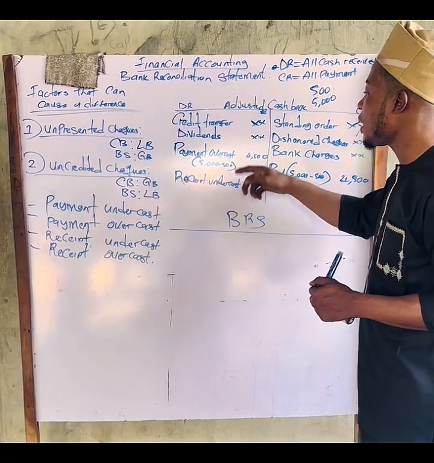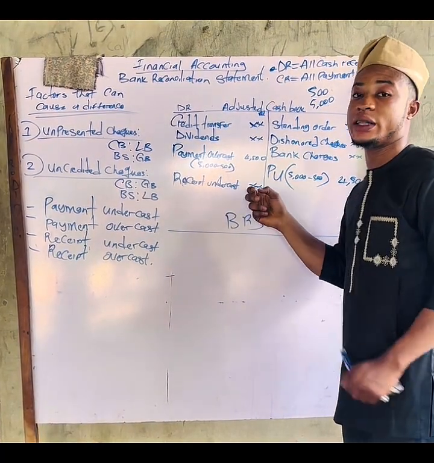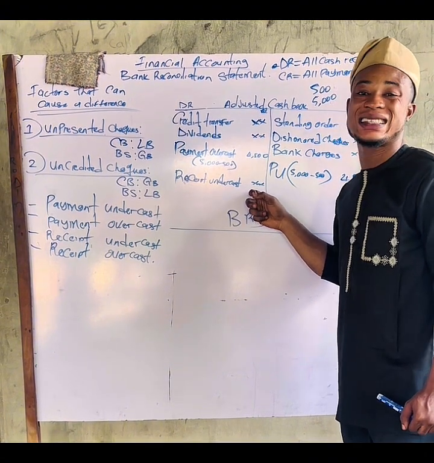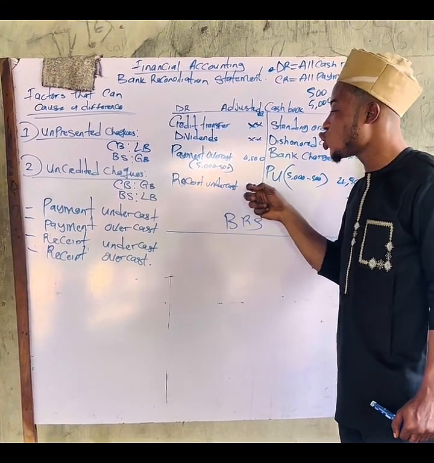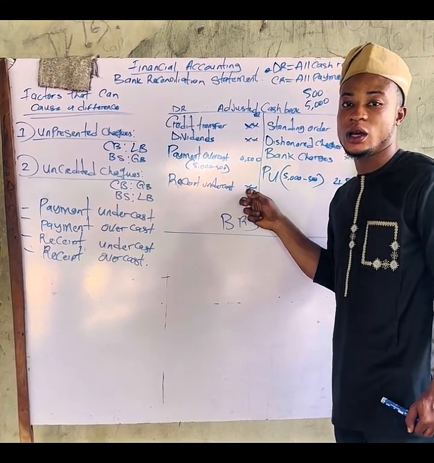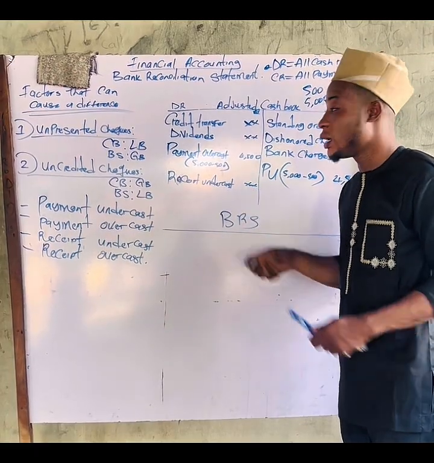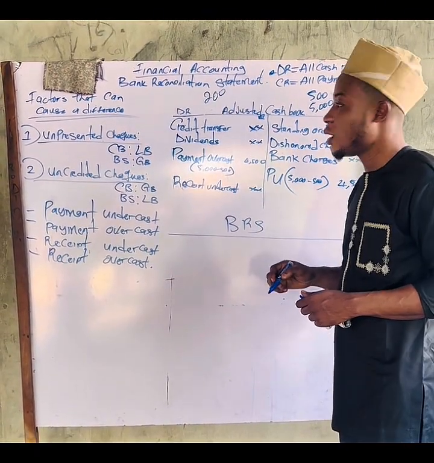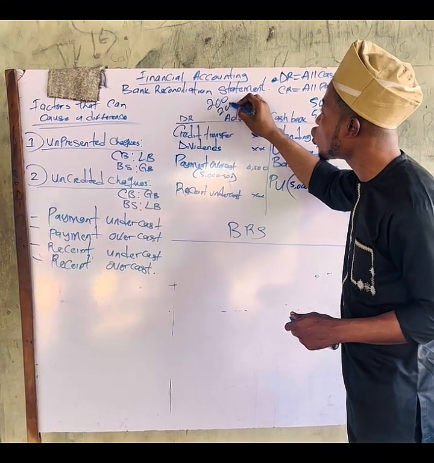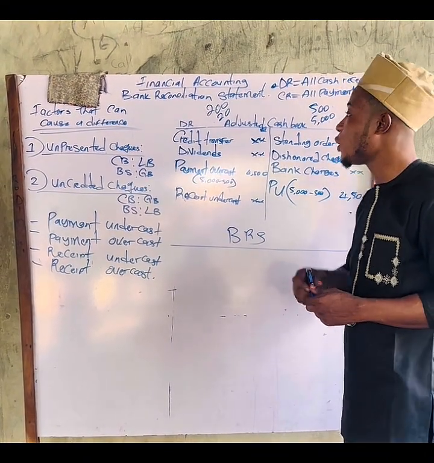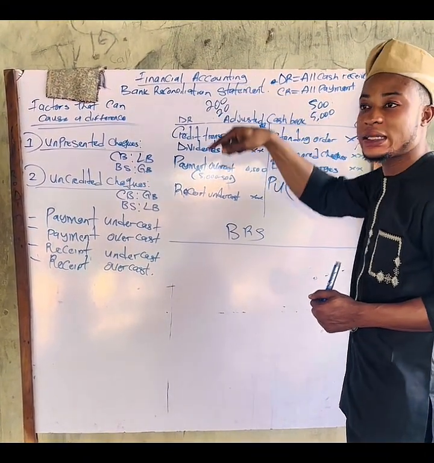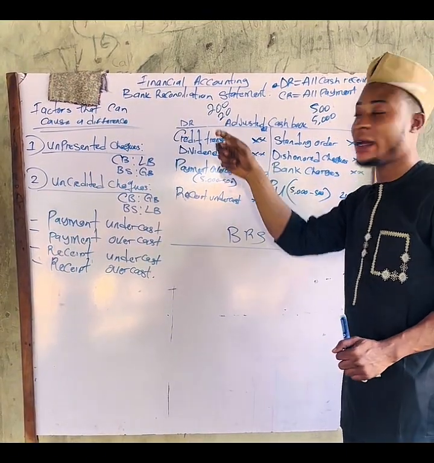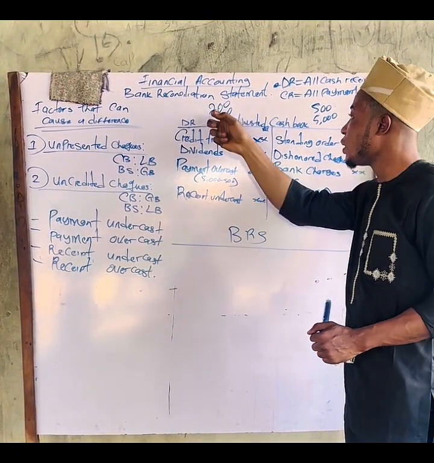Because, instead of recording 200 naira, we recorded 20 naira. So the difference is going to be recorded here, which is 180. If we are supposed to record 200 and we recorded 20 by mistake, that means we've understated the amount by 180, by taking the difference of these two.